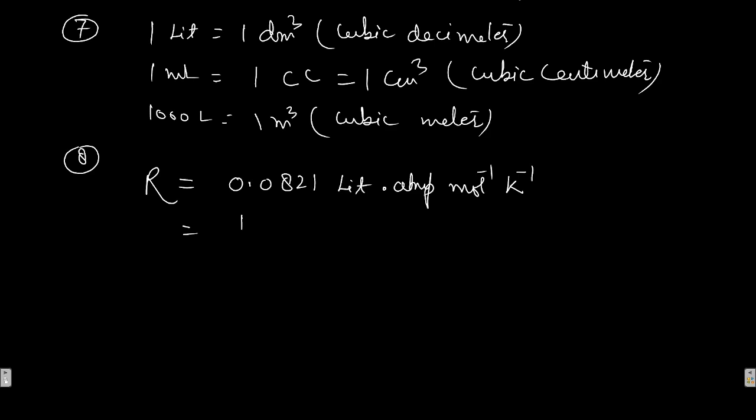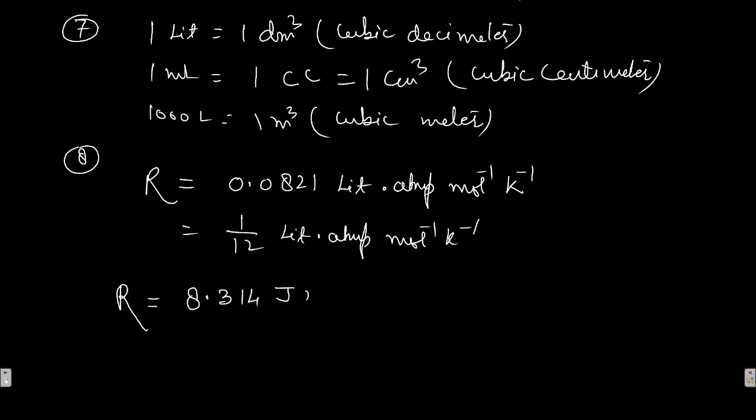Here we can also say 1/12 liter atmosphere per mole per Kelvin. One more value of R, the universal gas constant, is 8.314 joule per mole per Kelvin. Friends, here we get the SI unit, and the approximate value is 25.3 joule per mole per Kelvin.